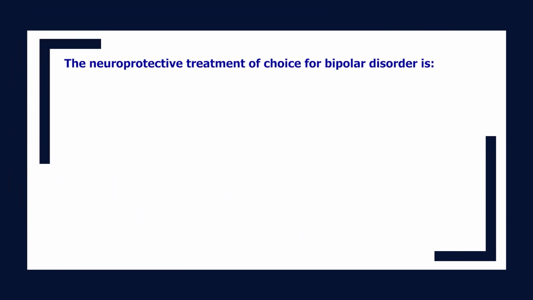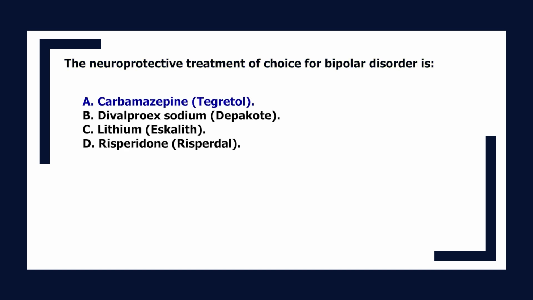The neuroprotective treatment of choice for bipolar disorder is: A. Carbamazepine, Tegretol. B. Divalproex sodium, Depakote. C. Lithium, Escalith. D. Risperidone, Risperdal. The answer is C. Lithium, Escalith.